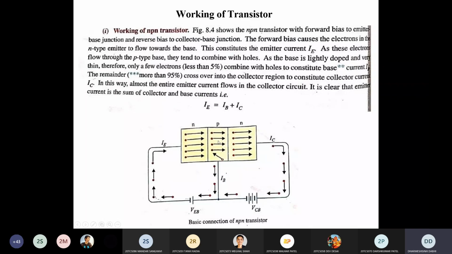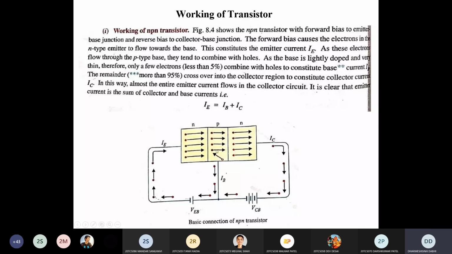So electrons flowing from this N type to the base combine with the holes, and as we know, the base is very thin and lightly doped, so it contains a very small amount of holes. Clear? So only a small percentage of electrons from the N layer combine with the holes of this P layer. Most of the electrons flowing from the N type pass from the P layer to the N layer of the collector terminal.